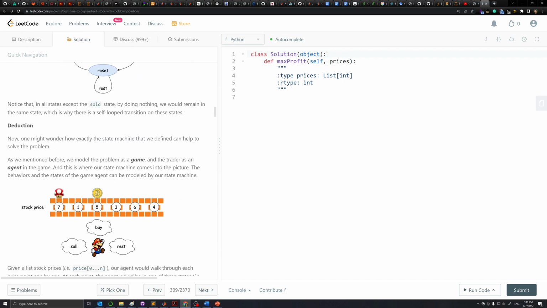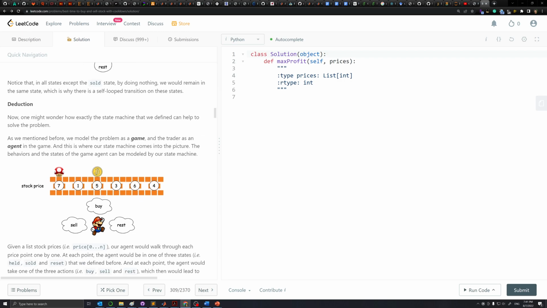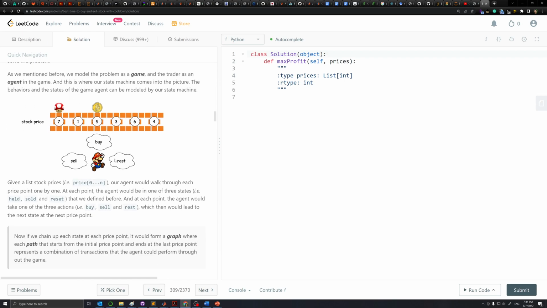Right, so deduction. One might wonder how exactly the state machine that we defined can help to solve the problem. As we mentioned before, we modeled the problem as a game, and the trader is an agent in the game, and this is where our state machine comes into the picture. The behavior and states of the game agent can be modeled by our state machine, right? Given a list of stock prices, our agent would walk through each price point one by one.